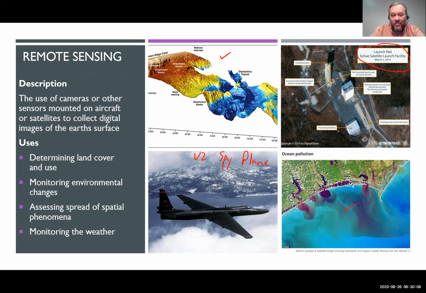And so one of our jets was flying over the Soviet Union, and they shot it out of the sky, and a big political event ensued. So anyway, taking pictures like that would be remote sensing.